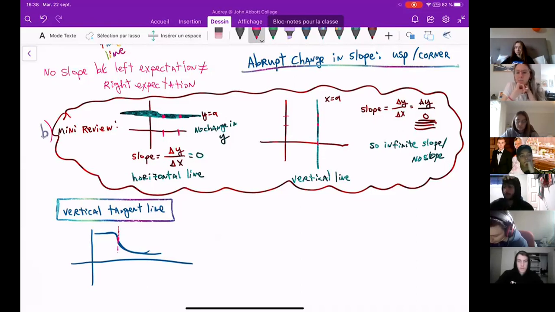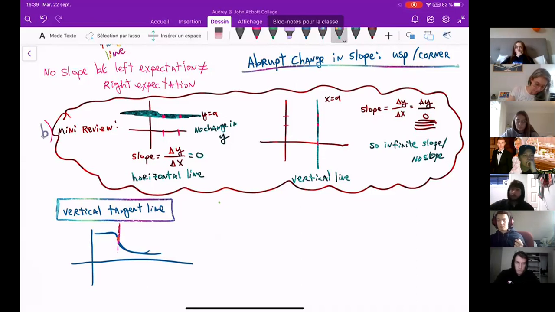Does that dotted line mean this has a vertical asymptote? No, right? A vertical asymptote would be specifically going up to infinity. It's not doing that. It's just telling me if I draw a tangent line right there, the tangent line is vertical. The function is vertical for just a second.